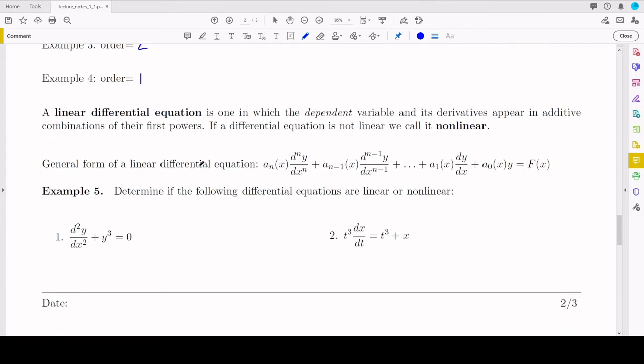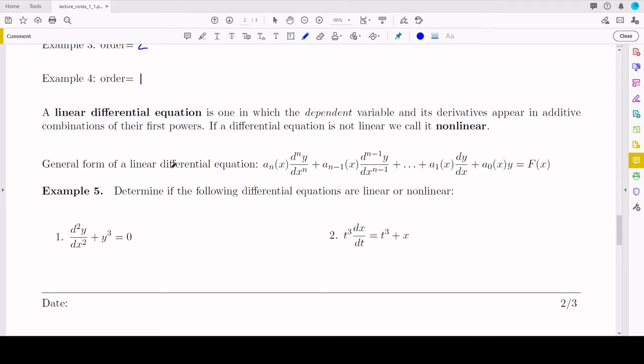And then finally, a linear differential equation is one in which the dependent variable and its derivatives appear in additive combinations of their first powers. If a differential equation is not linear, we call it nonlinear.